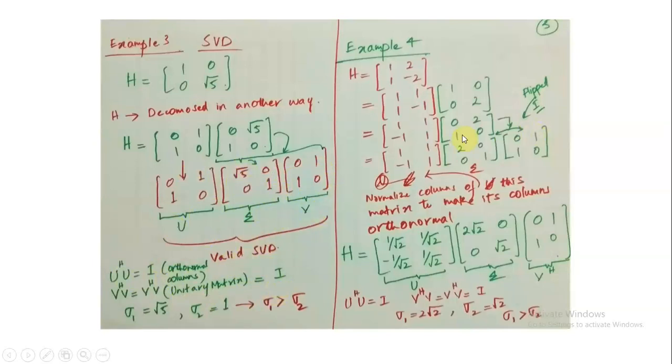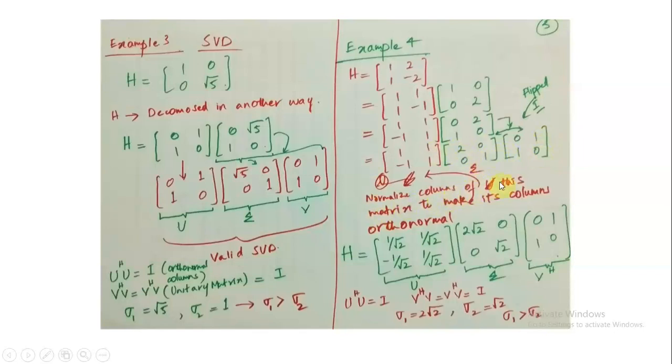Let's take another example in which we have H equal to [1 2; 1 -2]. If we decompose this into this form by taking the negative sign out, multiplying with the positive, and then decompose this as given in this example, this matrix, you will have 0 1 0 1, and you will get these two matrices.